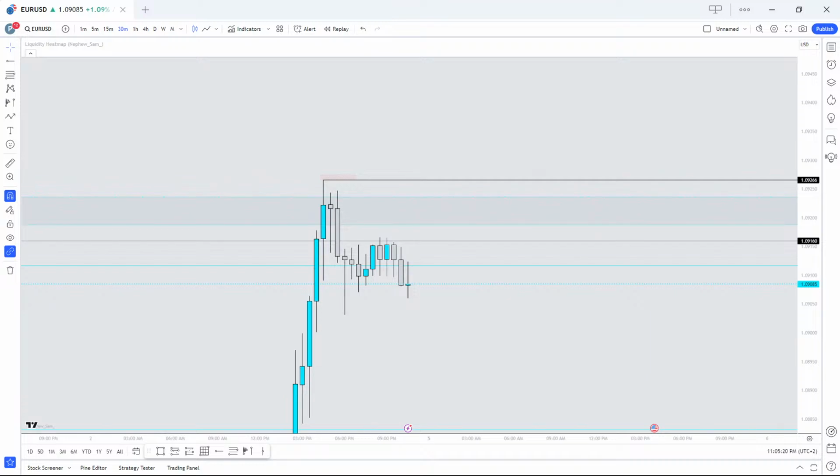Let me just check on Forex Factory. Where the fuck is my cursor? What the fuck? Wait, what the fuck? Let me go ahead. Wow. Where the fuck is my fucking cursor, man?